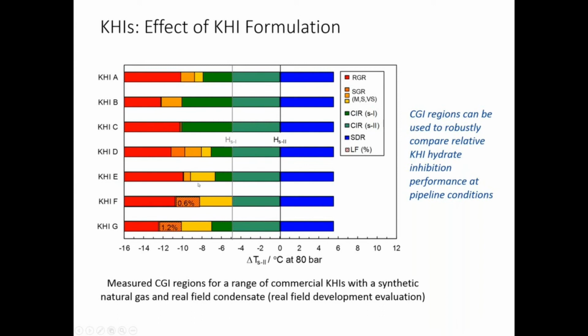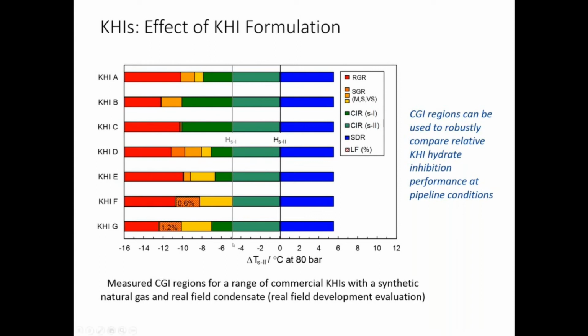This will enable us to design or predict which KHI will work for which system. That gives us a huge advantage, because in the past, KHIs needed to be tested individually, but now we can choose which KHI.